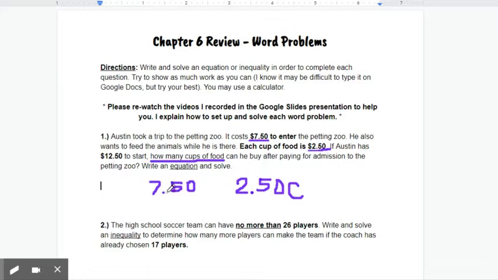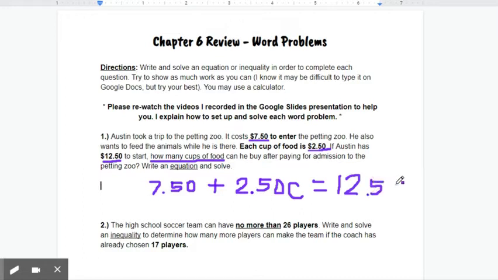Now we are going to add these two things together because this is showing the price to get in plus each cup of food. And Austin has $12.50 to start. So whatever it is on the left, it has to be equal to $12.50.